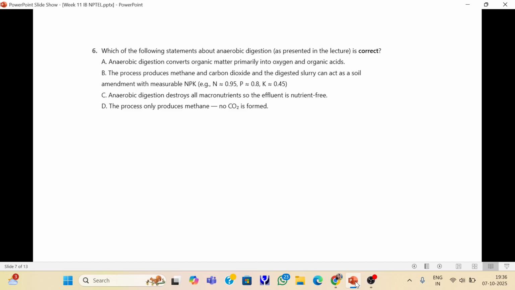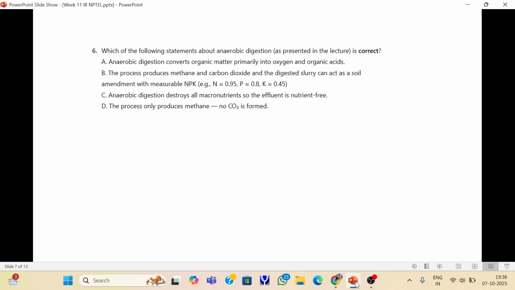Which of the following statements about anaerobic digestion is correct? A. Anaerobic digestion converts organic matter primarily into oxygen and organic acids. B. The process produces methane and carbon dioxide, and the digested slurry can act as a soil amendment with measurable NPK. NPK values are given.